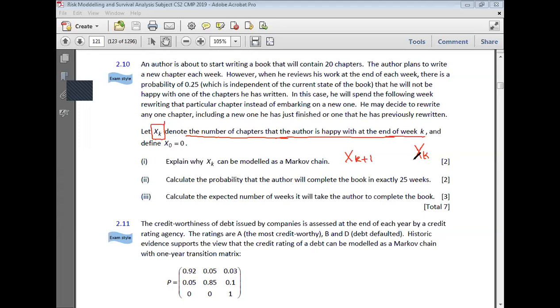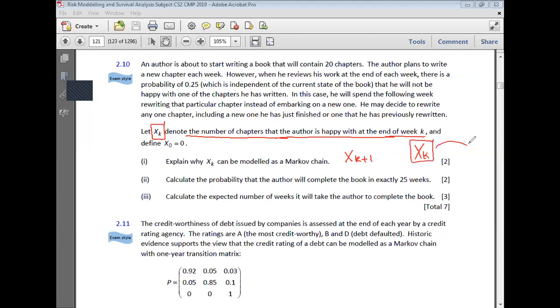a Markov chain. But this is not what an examiner will be happy with, because you will have to precisely write this in words. So whenever you are saying that xk can be modeled as a Markov chain, the very first thing that I would do is not talk about xk plus 1, but talk only about xk.